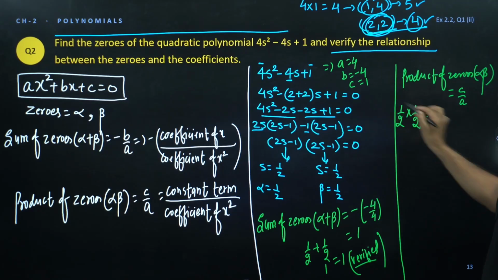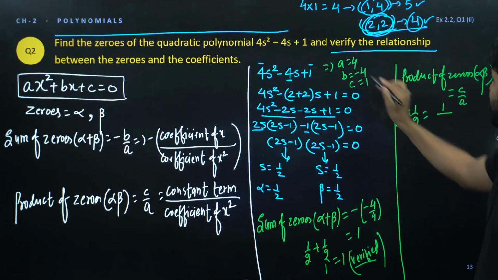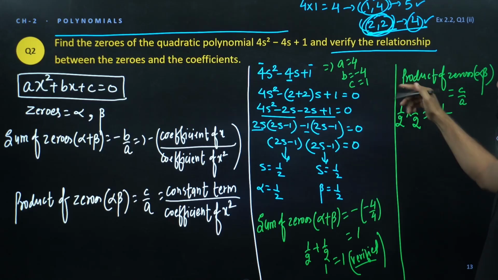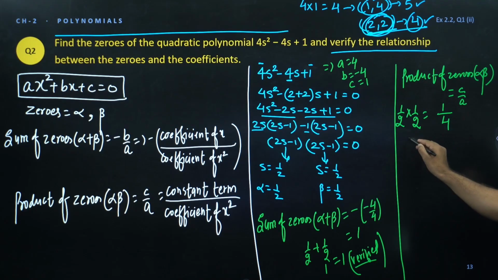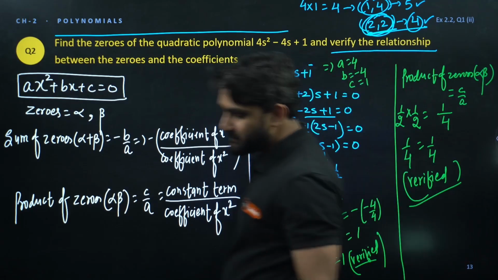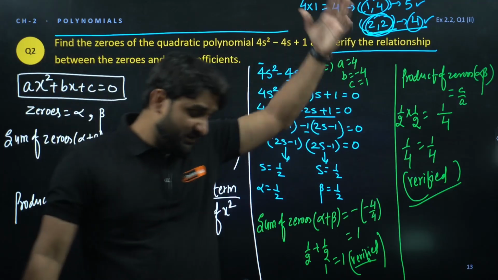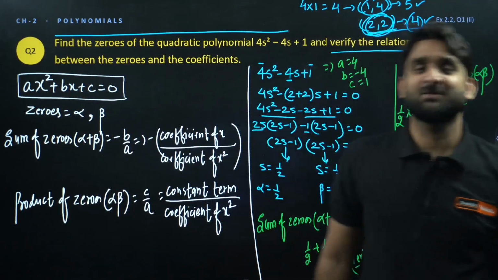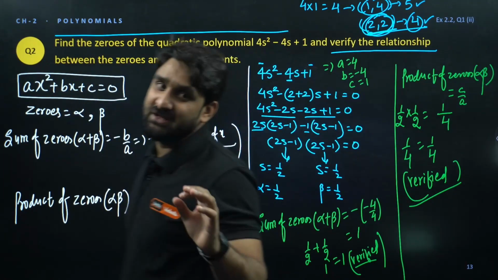Now where is c? C is 1. Where is a? A is 4. So c by a is 1 by 4. Now 1 by 2 into 1 by 2 is 1 by 4. Hence verified. This is also verified. Clear, everyone? It's magic. Hence verified. I hope this is clear to you all.